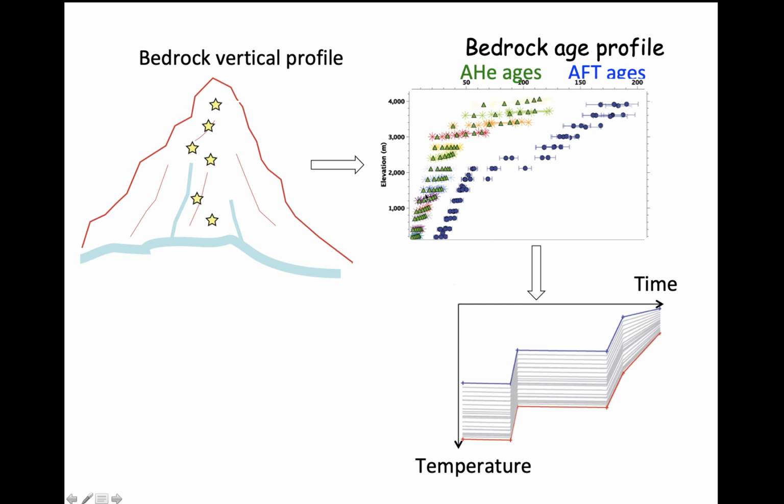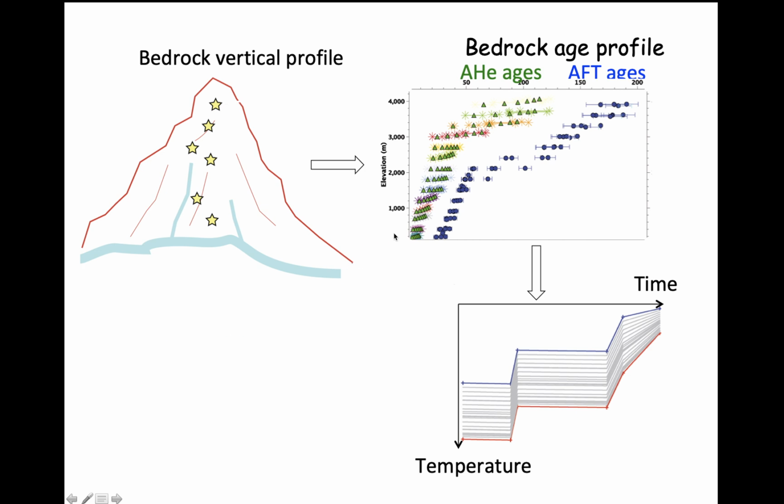So we can collect all of these data, and the idea of that, as we've already seen, is we can take those data and we can try and recover the thermal history, with the blue thermal history being the sample at the top, the coldest, and the red, the sample at the bottom, that's the oldest, the hottest, sorry.